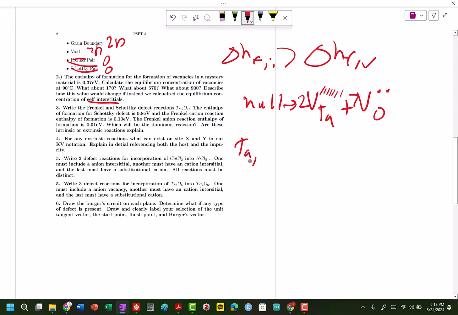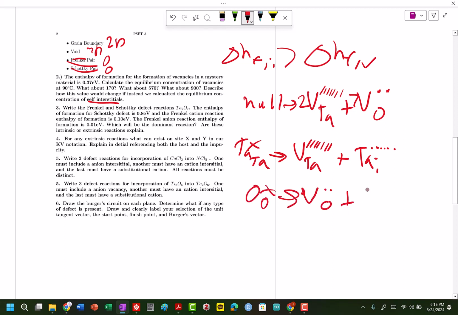If I do Ta_Ta^x goes to a vacancy of Ta, times 7, plus Ta on the interstitial site, times 7. And if we do oxygen, we do vacancy of oxygen plus oxygen interstitial, times 2. And there we go.